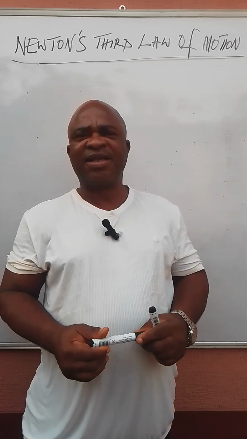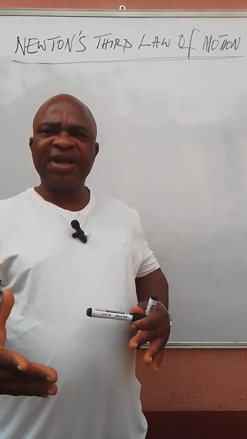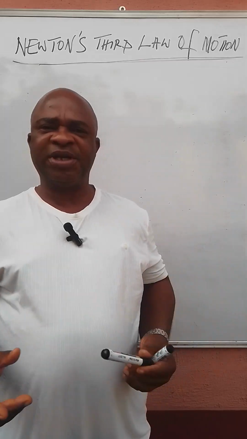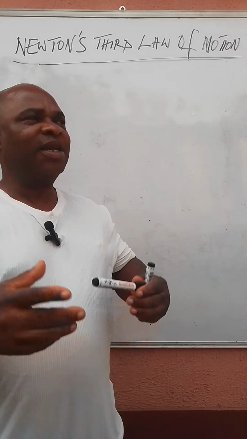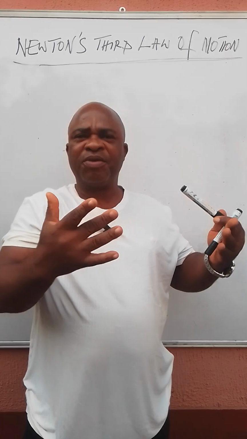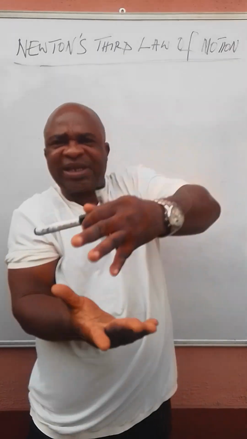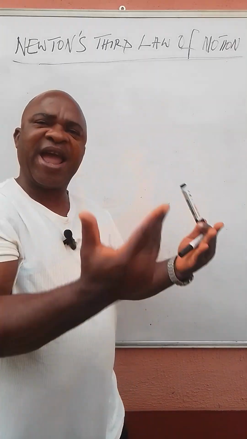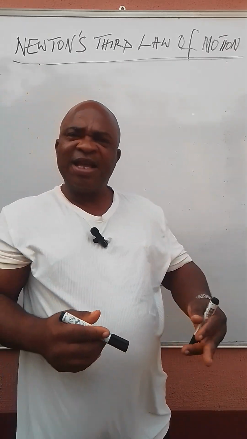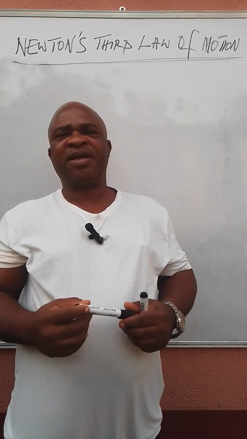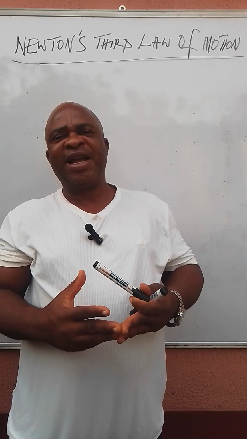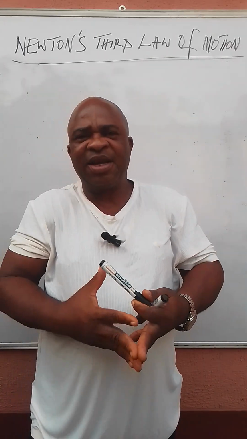And it states that action and reaction are equal and opposite. I am saying that the action force on a particular body of mass, let's say M, or a block of mass M, is equal and opposite in direction to another body that they are in contact with.